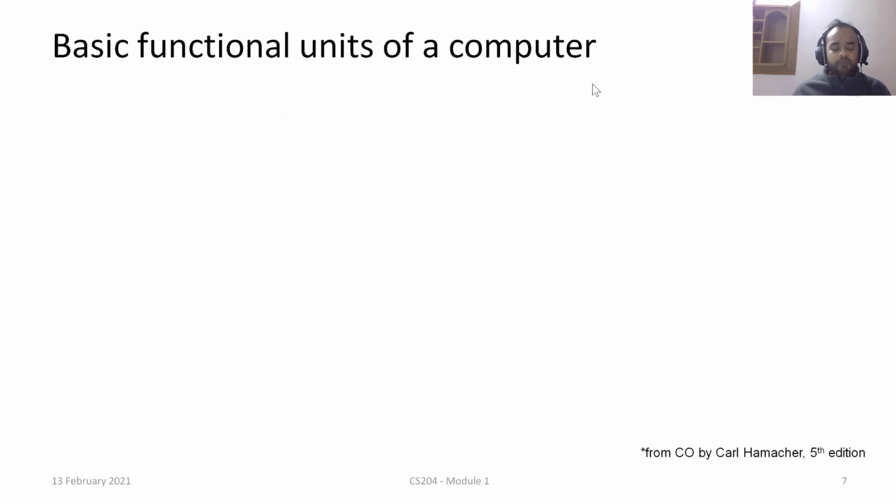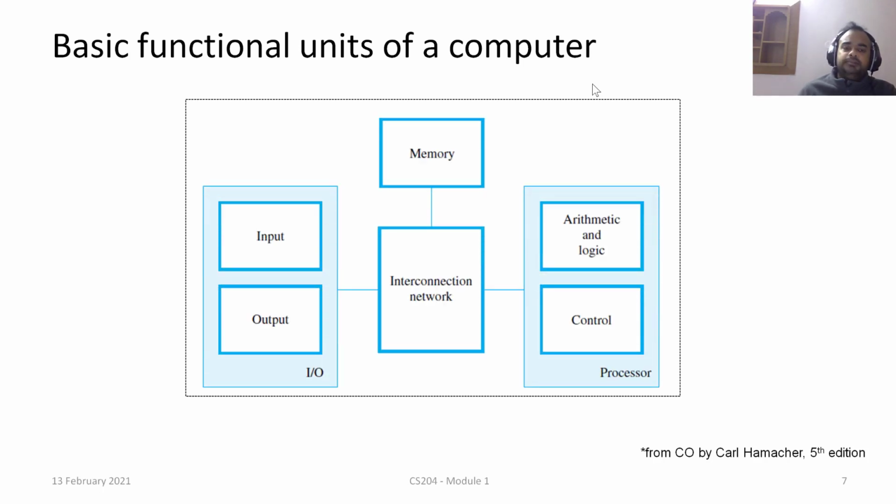Okay, now with that, let's look at some of the basic functional units of a computer. I think most of you would already know about that. So here we have the input module, the output module, we have the memory module, ALU module, which is the data path, and the control module, which is the control path. So these are the five basic components.